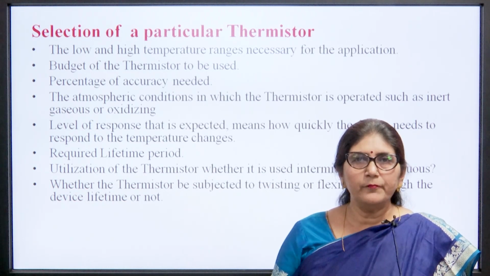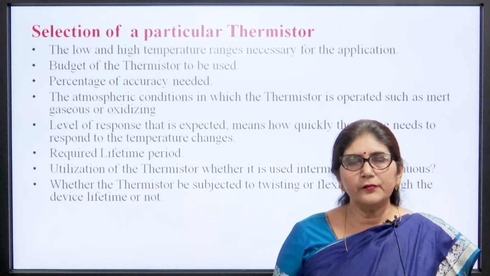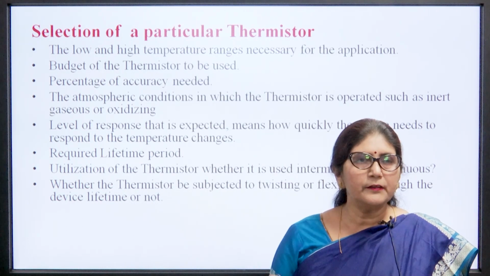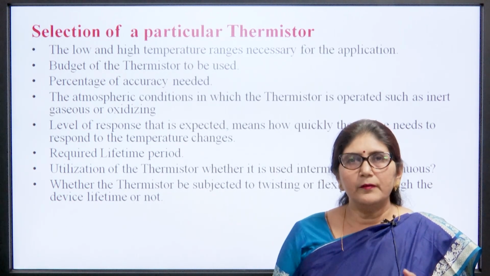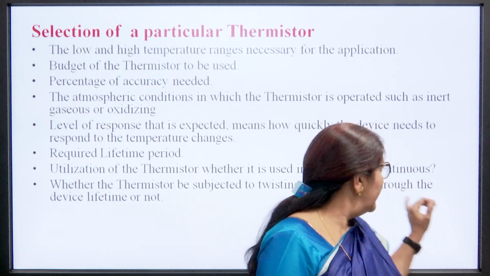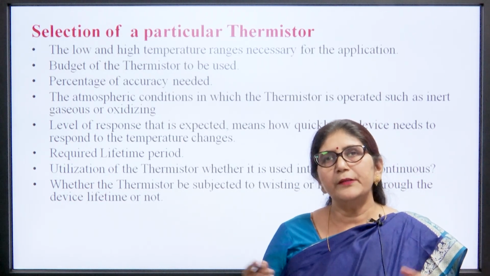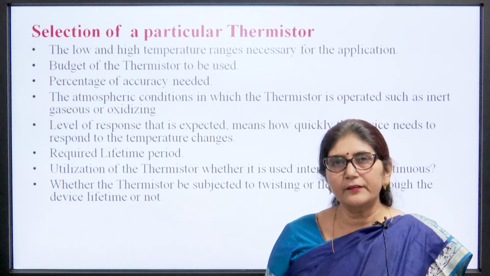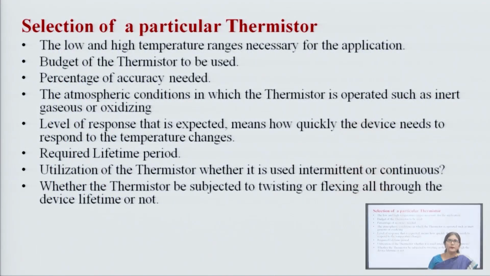Then what lifetime is required for that particular thermistor, and whether we are using the thermistor in a continuous process or in an irregular, intermittent process. Then whether the thermistor is subjected to twisting or flexing throughout the device lifetime. So, these are the parameters by which we select a particular thermistor.